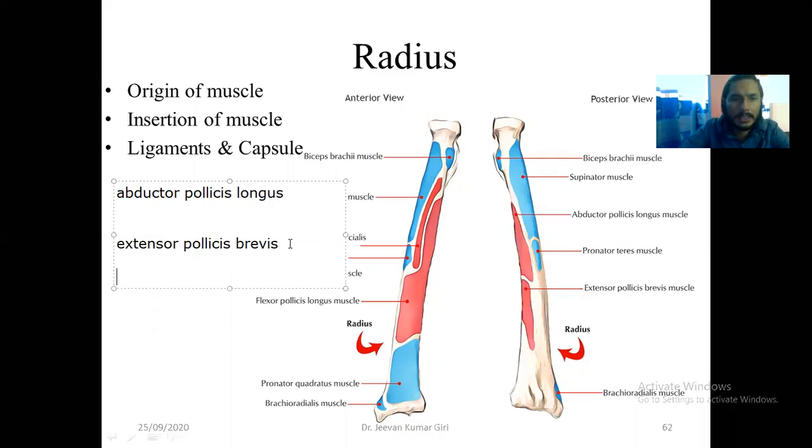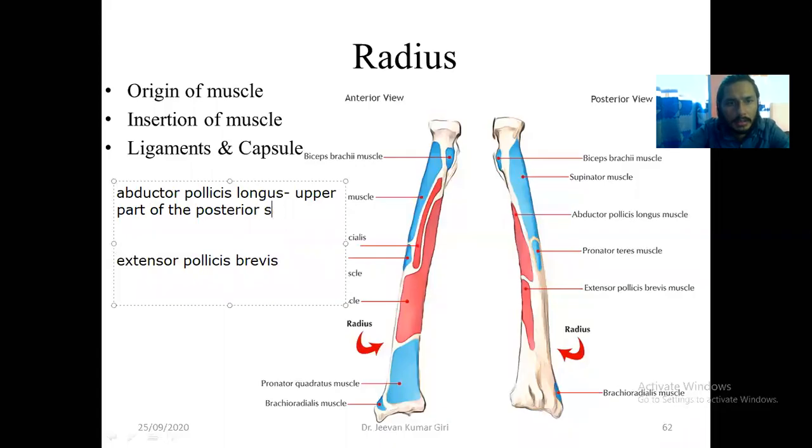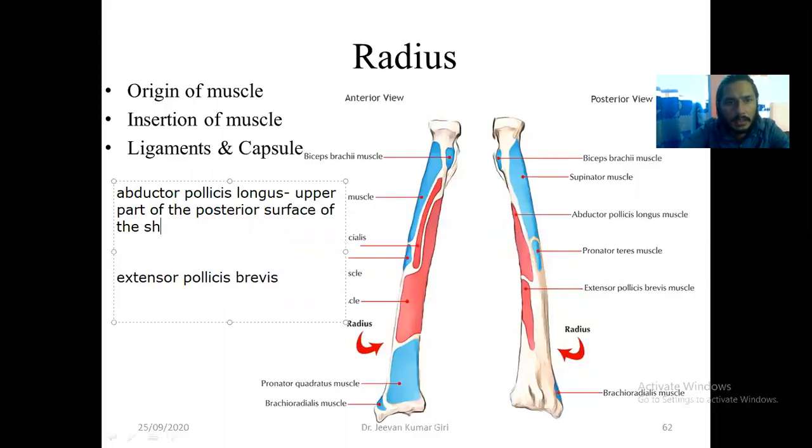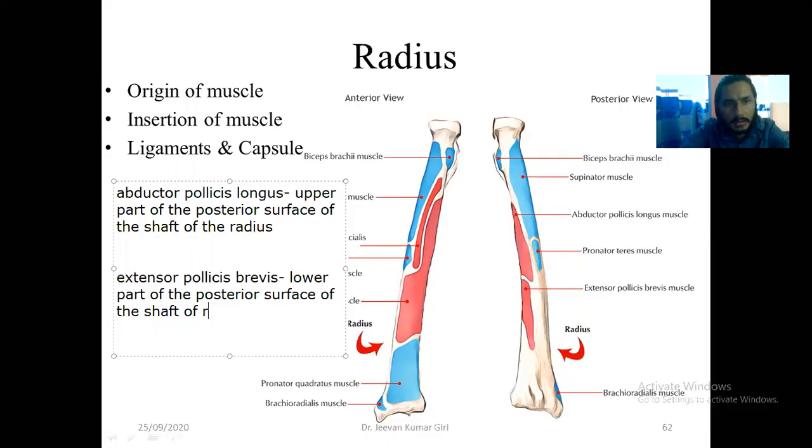So these muscles have origin from the posterior surface of the radius. The abductor pollicis longus is from the upper part, and the extensor pollicis brevis is from the lower part, just below the origin of the abductor pollicis longus.